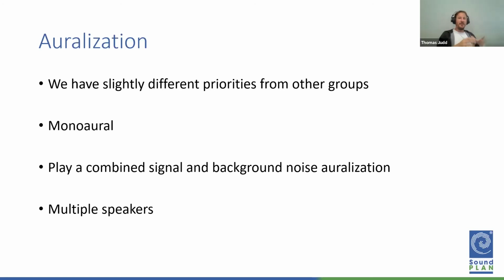So for this reason, we stuck to monaural. We didn't quite see it being worth it in our case to go for binaural. But one thing we did do that went above and beyond other software is we'll be developing something, this should be out in the next version, in which you will be able to hear your room combined with your speaker signal and background noise superimposed on top of each other.